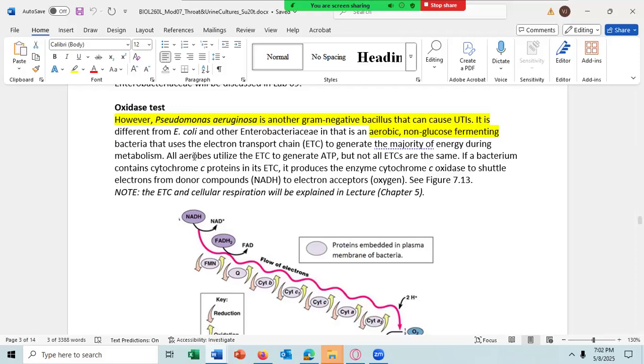The family Pseudomonaceae, such as Pseudomonas aeruginosa, is oxidase positive, and then all the members of the family Enterobacteriaceae are oxidase negative. So the oxidase test is frequently used to distinguish an infection that's caused by the family Enterobacteriaceae from the family Pseudomonaceae.